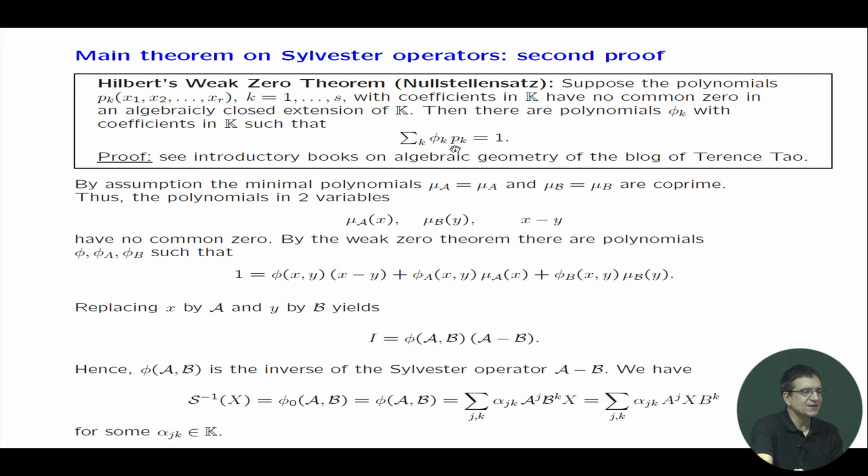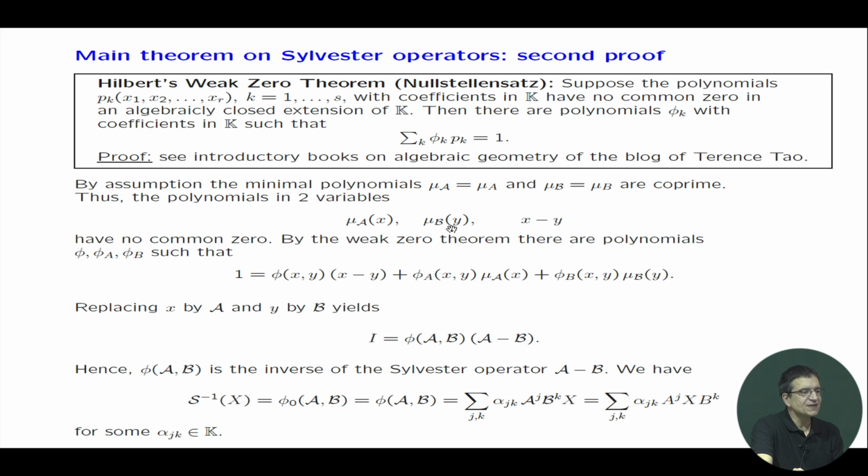If we believe in this, and I will not give the proof of this, then we can consider now three polynomials: the minimal polynomial of script A, the minimal polynomial of script B, and the difference polynomial.